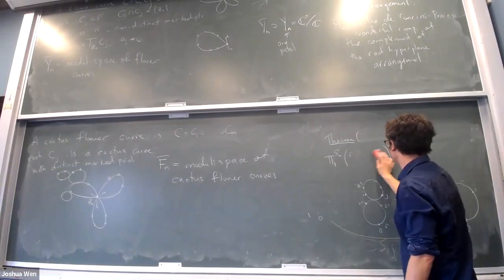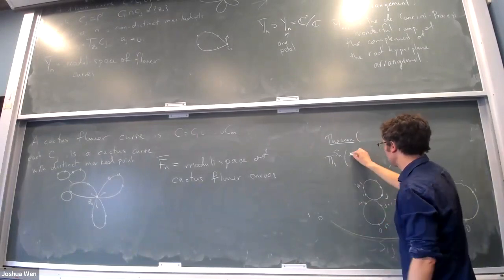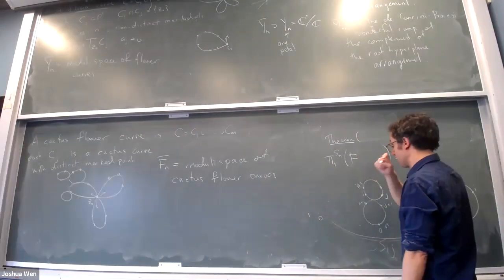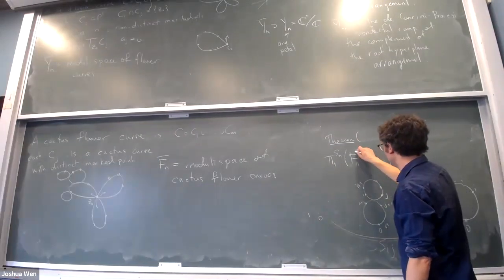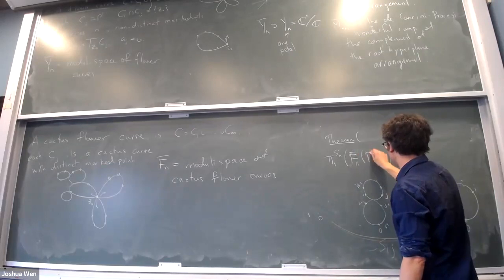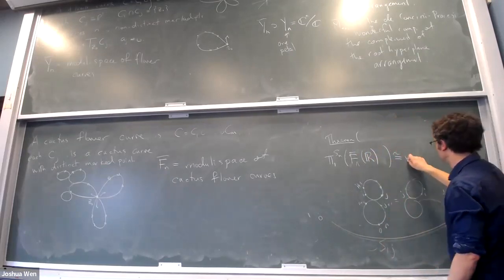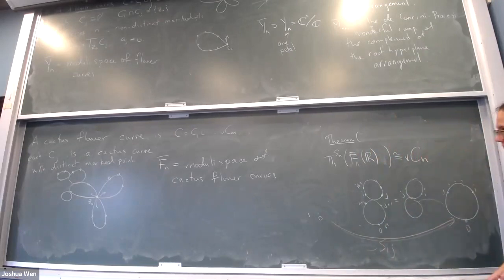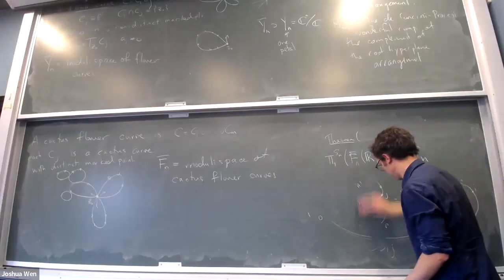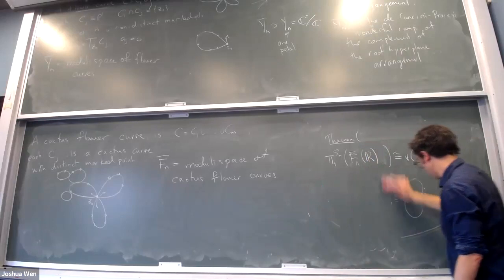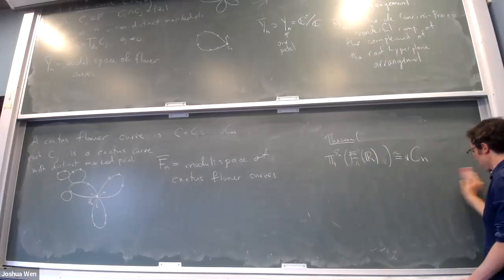And so this is the theorem. We take the real locus of this cactus flower space, then its equivariant fundamental group is isomorphic to the virtual group.